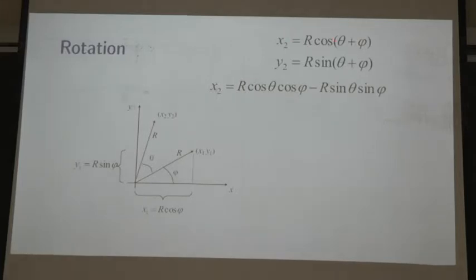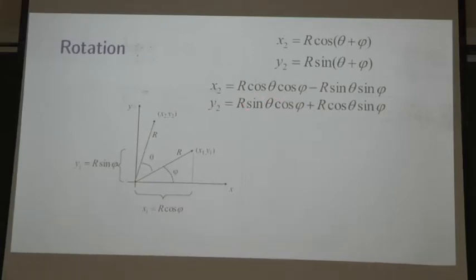Now I can expand x2 using the angle addition identity. Cos of a plus b is cos a cos b minus sin a sin b, right? So it's r cos theta r cos phi minus r sin theta r sin phi. That's what x2 is. And y2 is r sin theta cosine phi plus r cosine theta sin phi. That's the angle addition identity for cosine and sine.